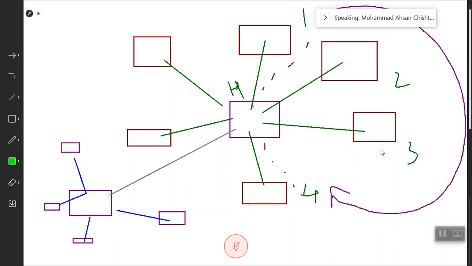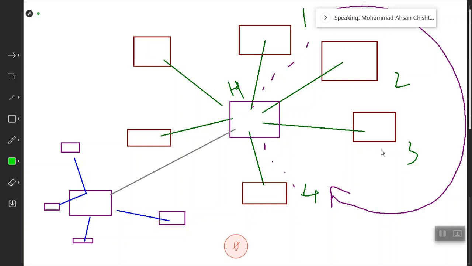Another type that we come across is known as a daisy-chained star, or what we call a distributed star. It means stars connected in a linear fashion.